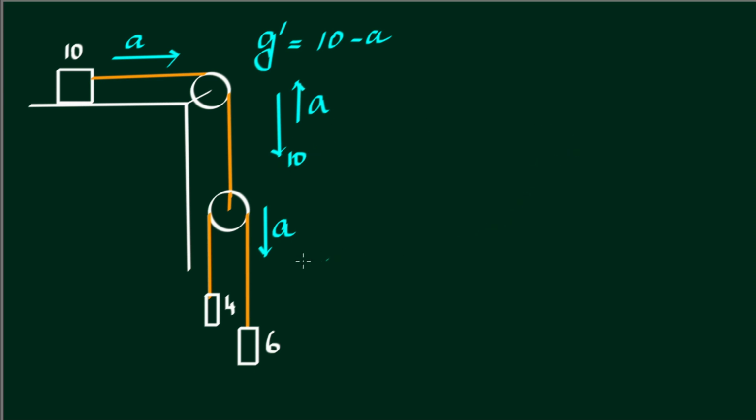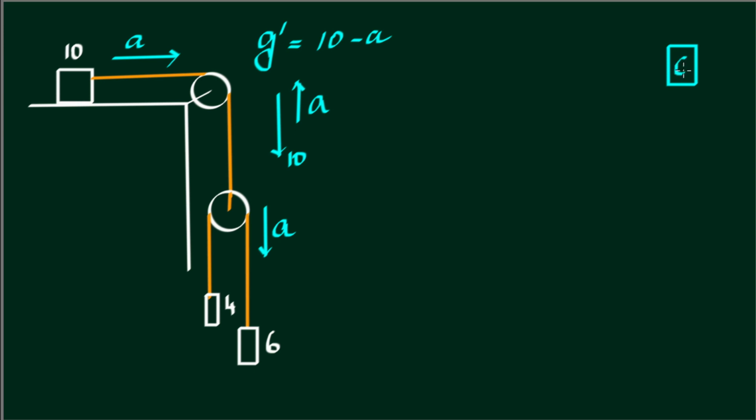Now let's draw the free body force diagrams of the 6 kg block and the 4 kg block, just as we would with a stationary pulley, because in this accelerating frame, the pulley is now stationary. According to Einstein, once you have changed the gravitation, you can treat it like a stationary frame.